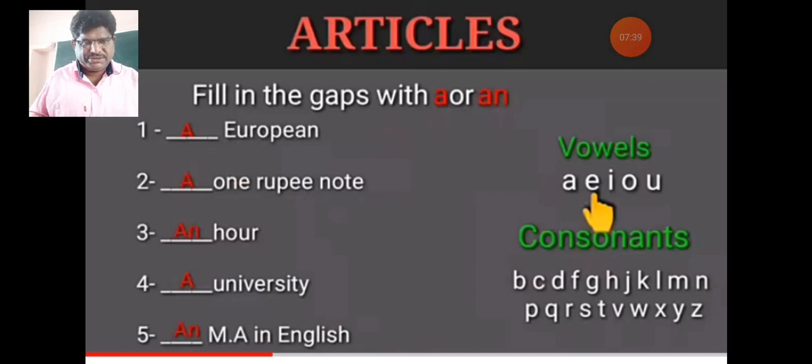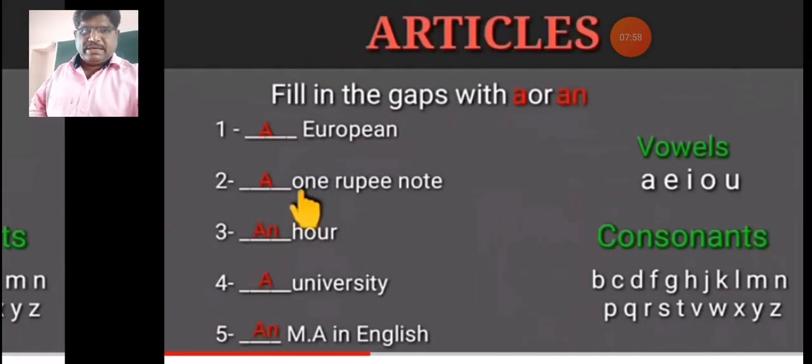That's why a is used. An MA in English: M is a consonant letter, but an is used there because MA sounds like it begins with "em".